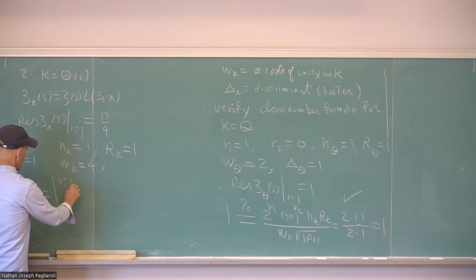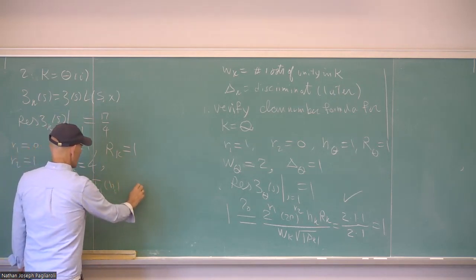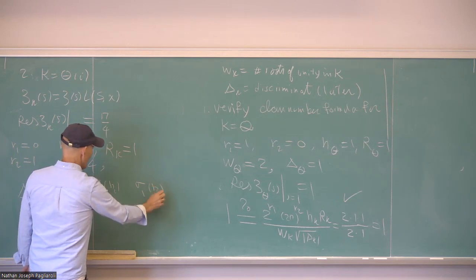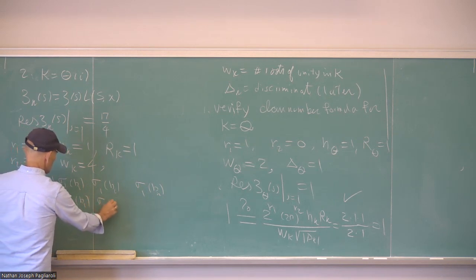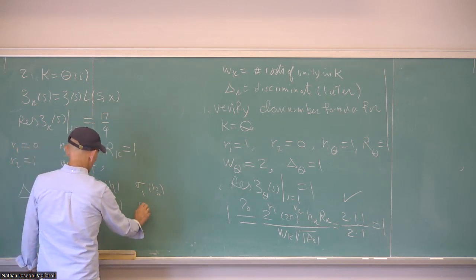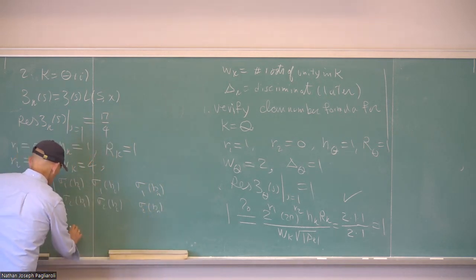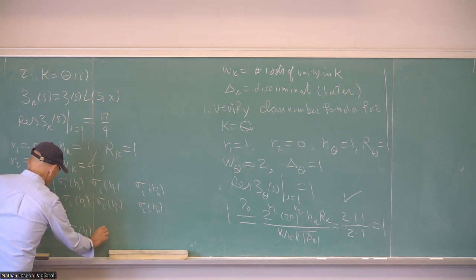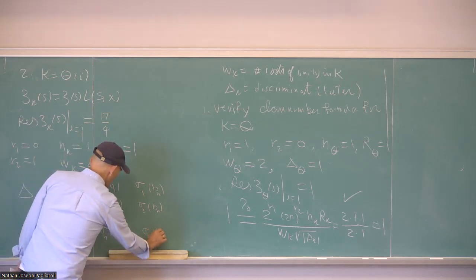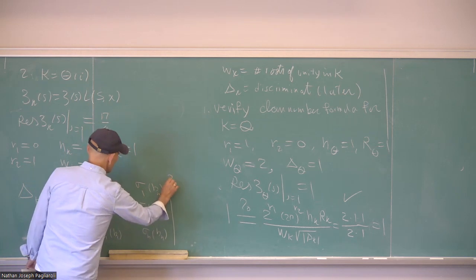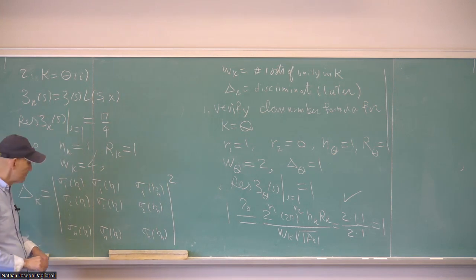It's the determinant of sigma 1 b1, sigma 1 b2, ... sigma 1 bn, then sigma 2 b1, sigma 2 b2, ... sigma 2 bn, and so on, up to sigma n b1, sigma n b2, ... sigma n bn, and then we have to square it. So let me tell you what these are.